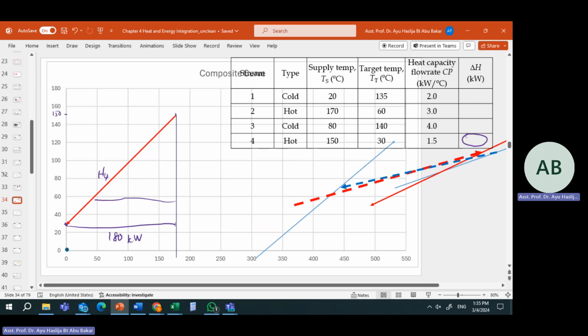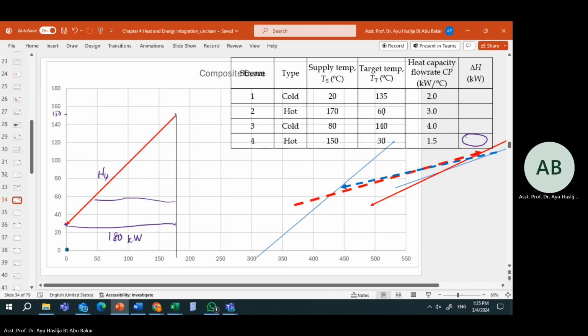Okay, you can try to plot. Now, this one is H4. Next, hot stream, which is from 170 to 60. 170 going down to 60. Okay, now where to start the 60?